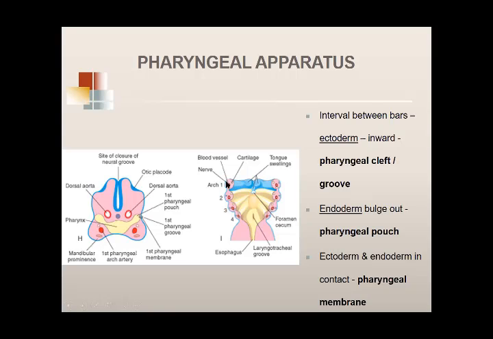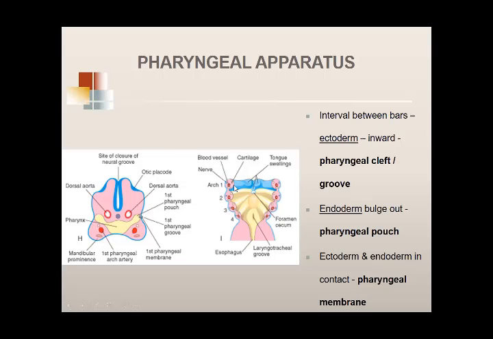On the outside, the ectoderm lining these arches, in the region of loose mesenchyme, pushes in or bulges in. And this structure that is formed is called pharyngeal cleft or pharyngeal groove. So on the outside, you have pharyngeal groove. On the inside, you have pharyngeal pouch.